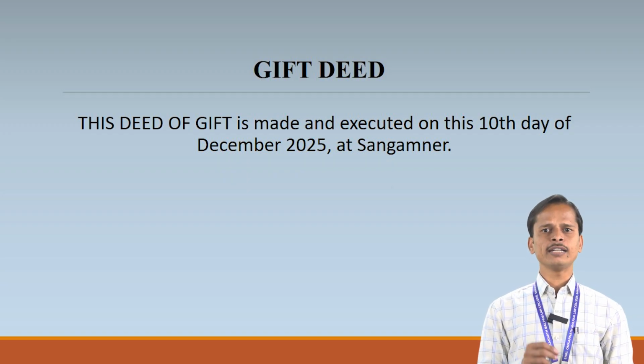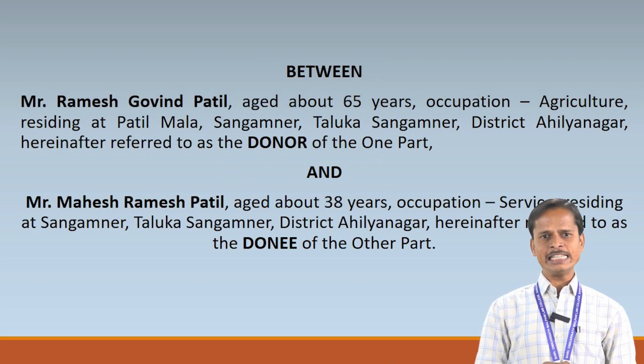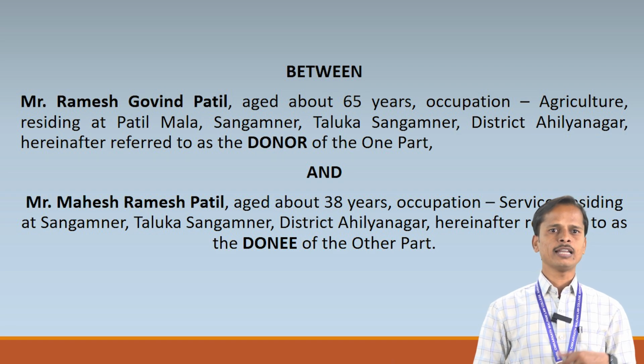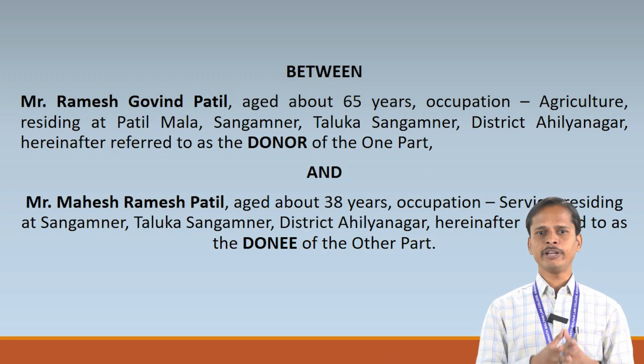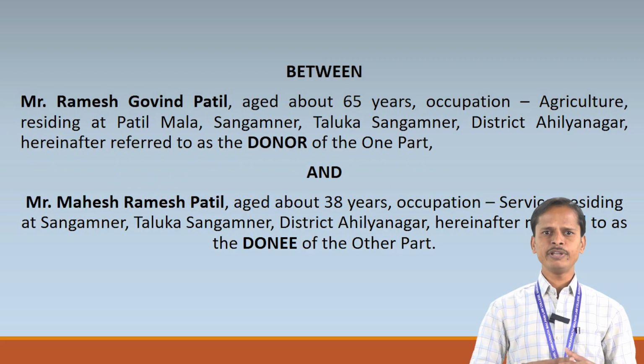Now, after the title and date, the next part of the gift deed is details of the parties. In our example, let us assume the donor is a father and the donee is his son. This part is usually written in a formal way, beginning with the word between.